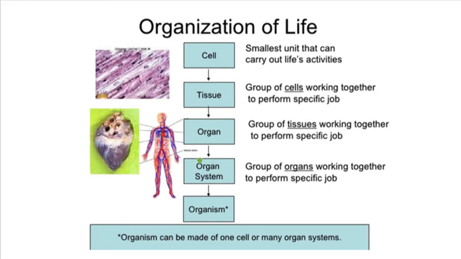You can then combine it with other organs. So if we included your lungs, these blue and red lines are to represent your veins and arteries and possibly capillaries, then you get these organs joined together to make an organ system. Finally, if you've got enough organ systems, so this is the circulatory system that carries blood around your body, which, as we know, is there to protect you and carry nutrients and oxygen and carbon dioxide around your body.